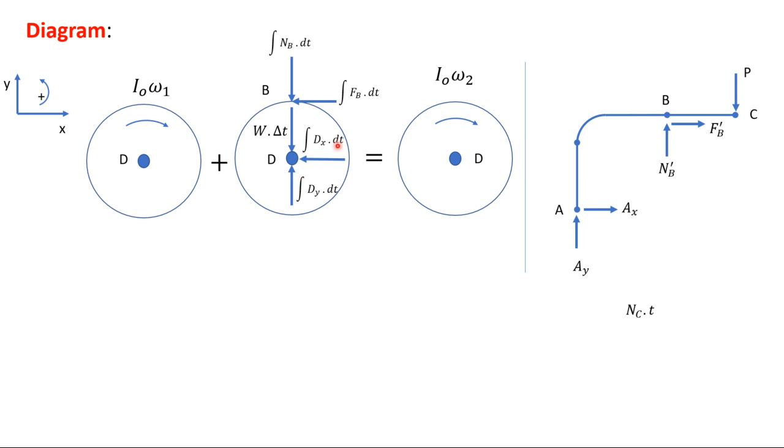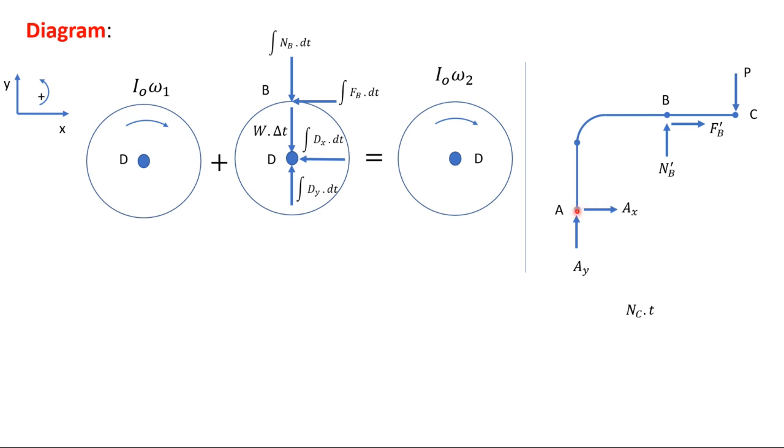Then we add the brake, and we have the forces: the integration of Dx dt to the left, the reaction force in the y direction upward, the weight going downward, the friction force to the left, and the normal force from the lever pointing downward. On the other side, we have I_D omega 2. This is HD1, this is HD2, and this is the moment around the point D.